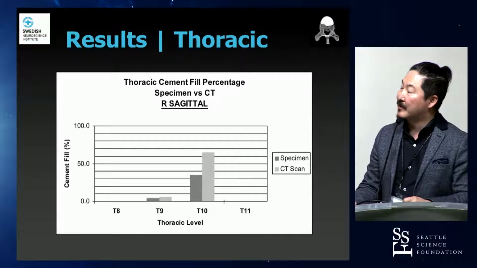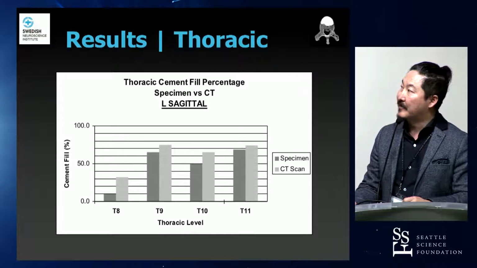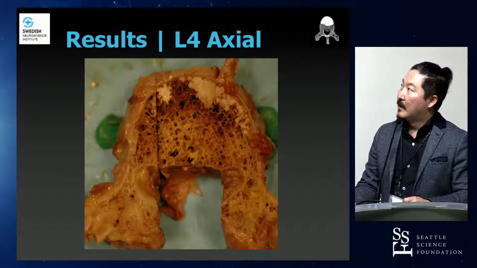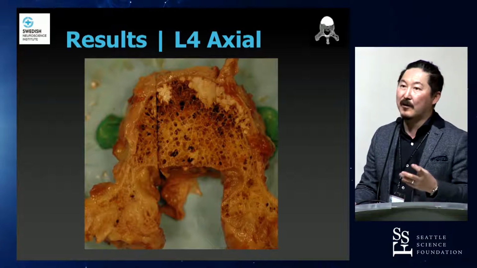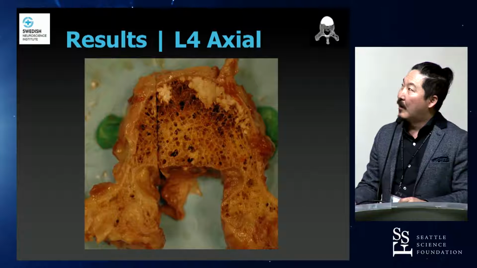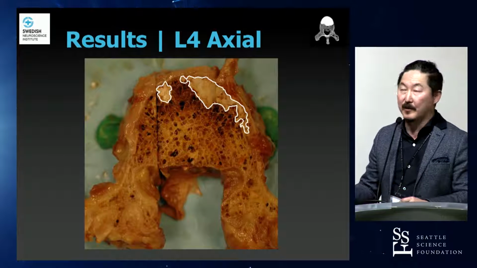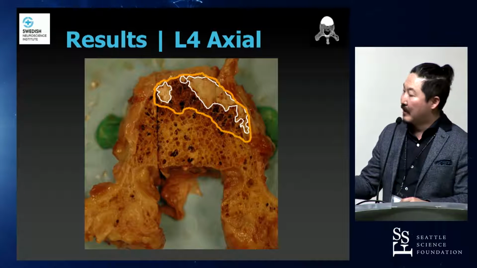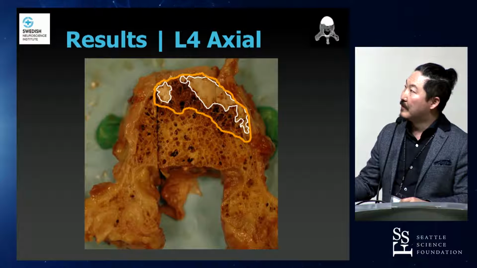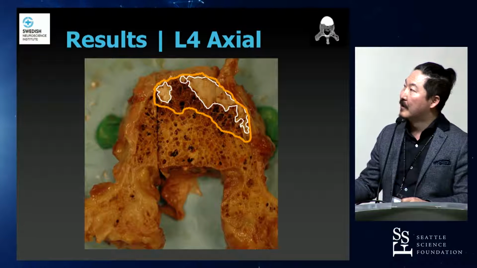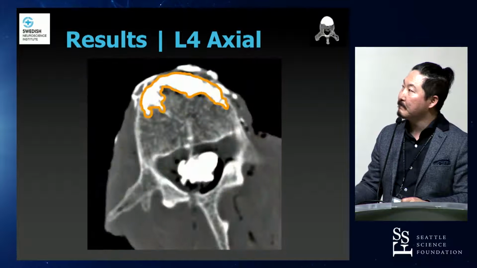So this is the right sagittal cut, and then the left sagittal cut. This is an example of how the cement fills. Although this is where the cement fills, you can also see an outline of the cavernous trabecular pattern relative to the entire vertebral body.